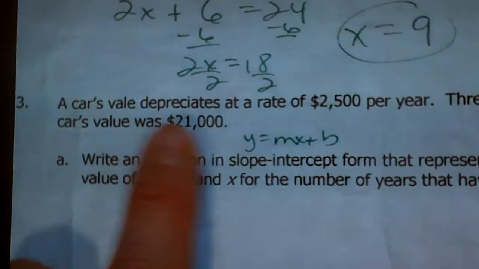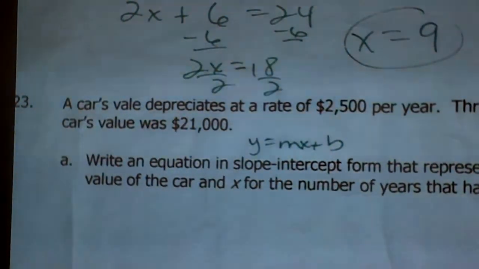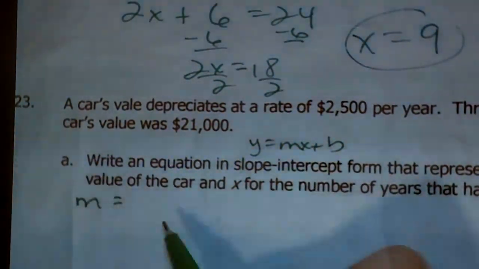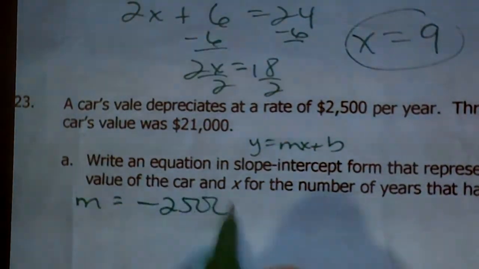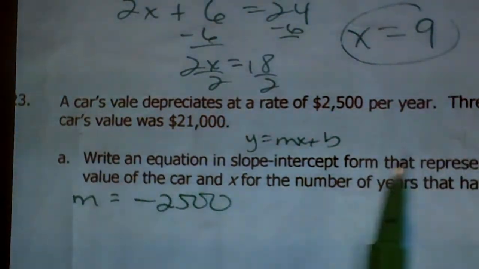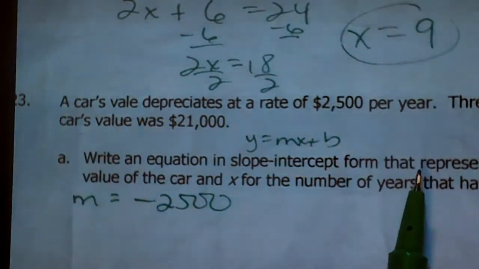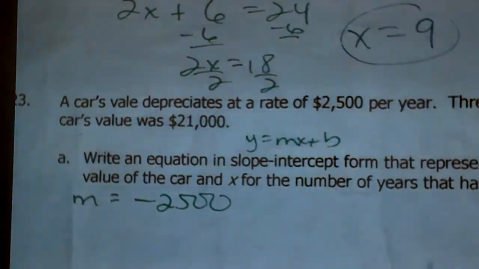Okay, in this, I give you the rate. I tell you it depreciates at a rate of $2,500 per year. So that means my slope, and if you think about this graph, if the value is going down, that means my slope's going to be negative. So my slope is negative $2,500. I don't give you the b in the problem. I do tell you that 3 years after it was purchased, the value was worth $21,000.